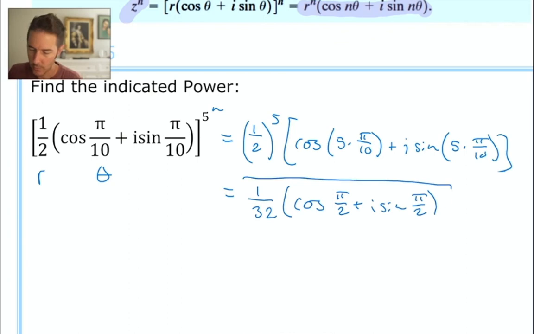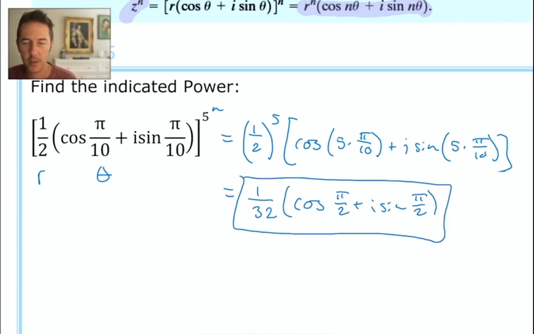And there is your resulting complex number expressed in polar form.